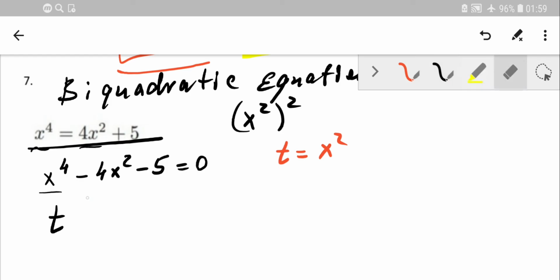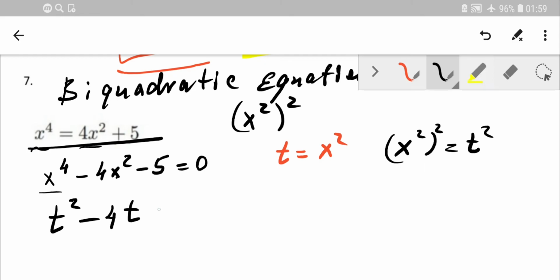x squared and x squared, so x squared and squared is simply t squared. So instead of x squared, we'll get just t, and here is 5. So what you can say is that here and here, just normal quadratic and linear terms.